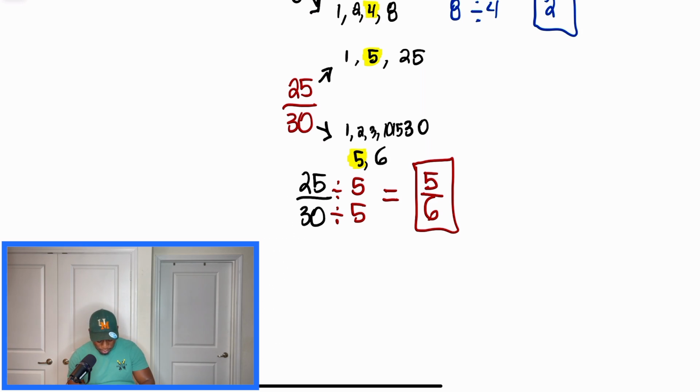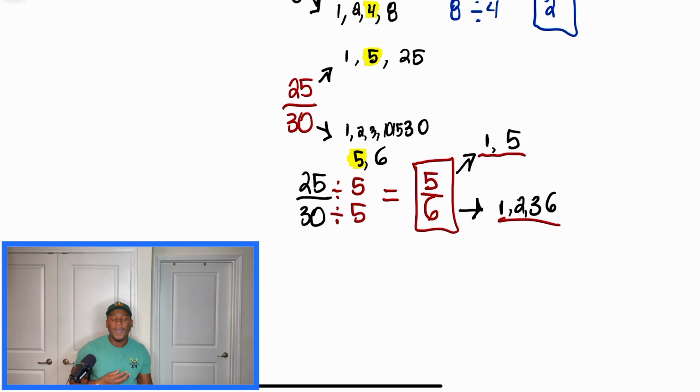This is what I mean. For 5, we just have 1 times 5. 5 is a prime number, which means you can only divide it by itself and by the number 1. And with 6, we have 1 times 6 and 2 times 3. When we look at these factors, I'm underlining them, there's nothing that we could divide both 5 and 6 by so that we could make this fraction smaller.